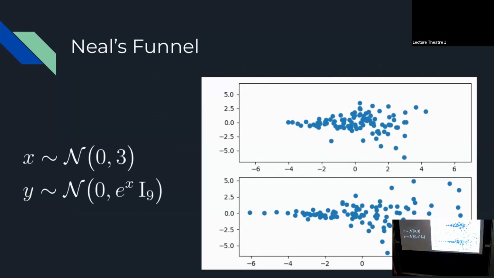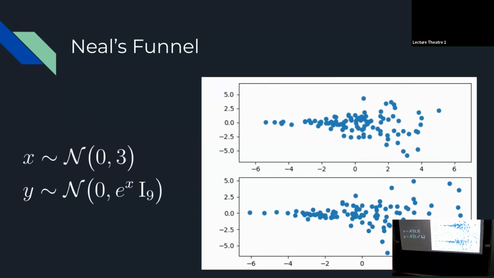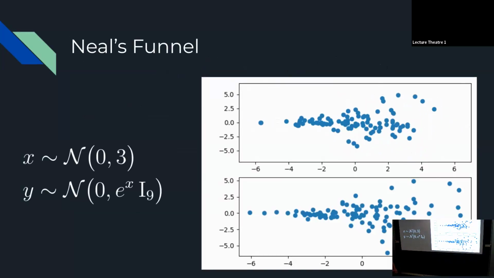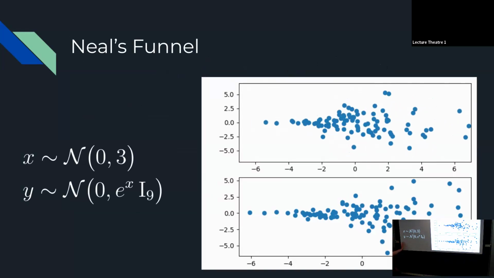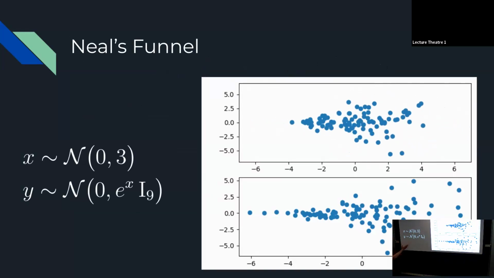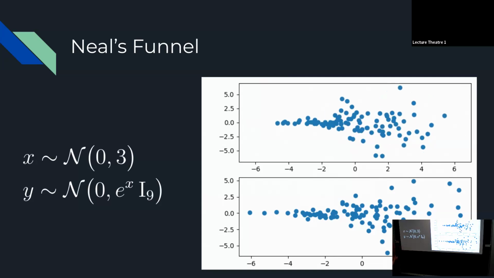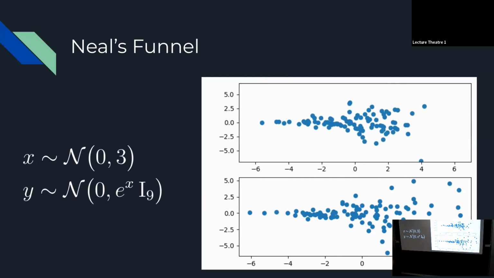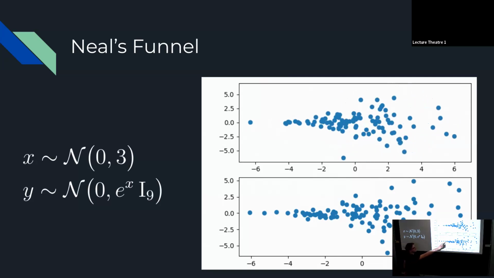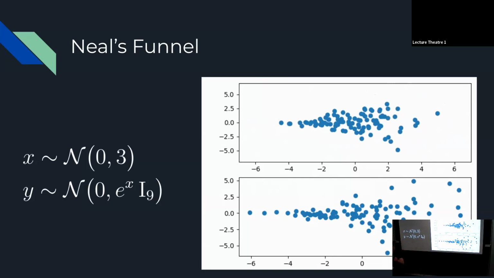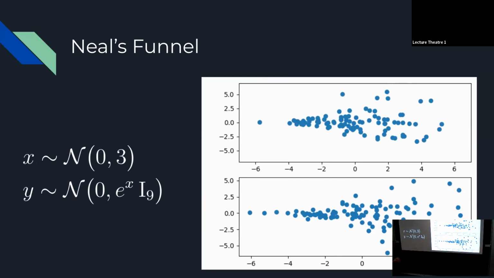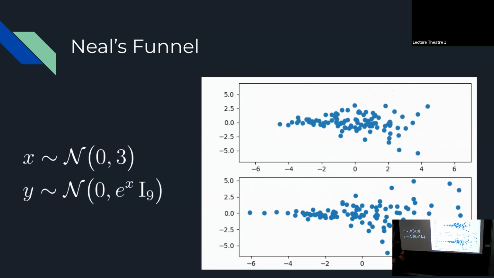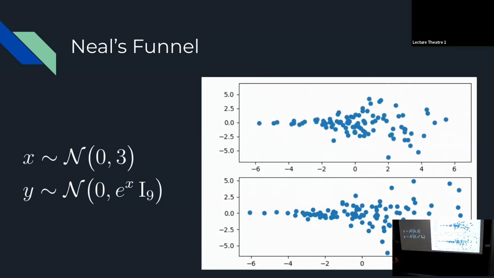Anyway, an example of this is Neal's funnel. So we're sampling from this distribution. It's something we can sample from just with standard methods, right? But it's often used as a benchmark for Monte Carlo samplers, exactly because of this funnel here, because most Monte Carlo samplers iterate between something which is kind of like an Euler method and something called Metropolis adjustment.